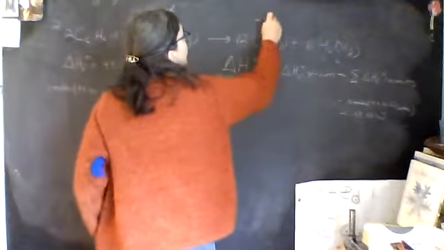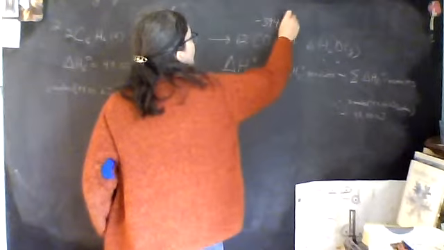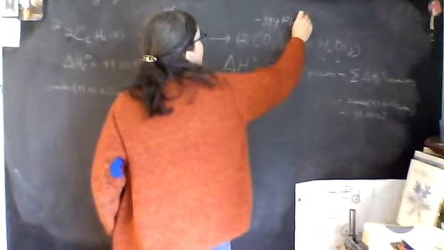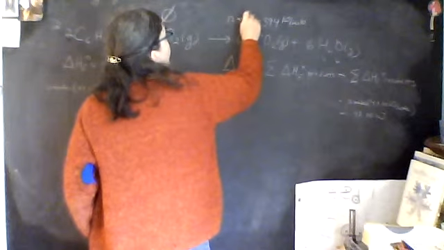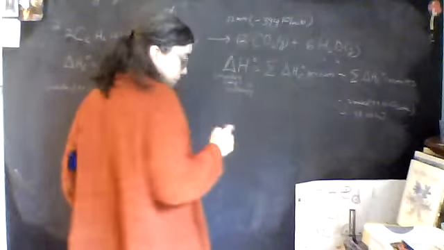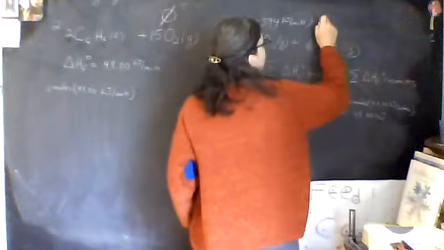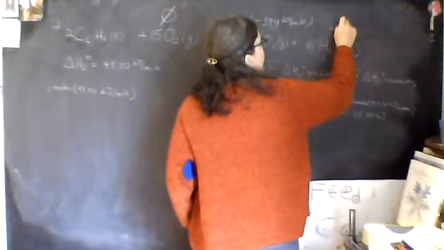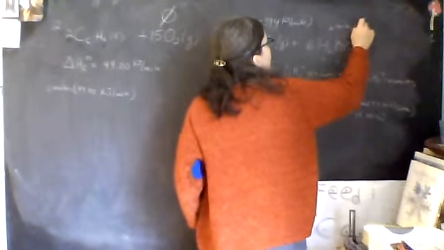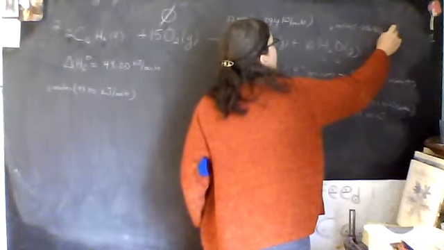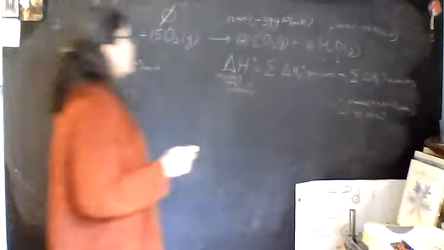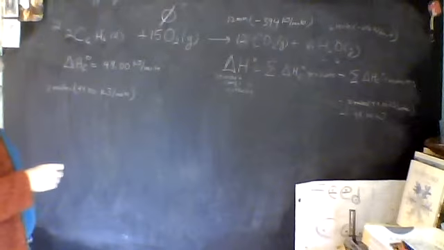Negative 394 kilojoules per mole. And we've got 12 moles of that, right? How about water in its gas form? Negative 242 kilojoules per mole. So we have to sum those.